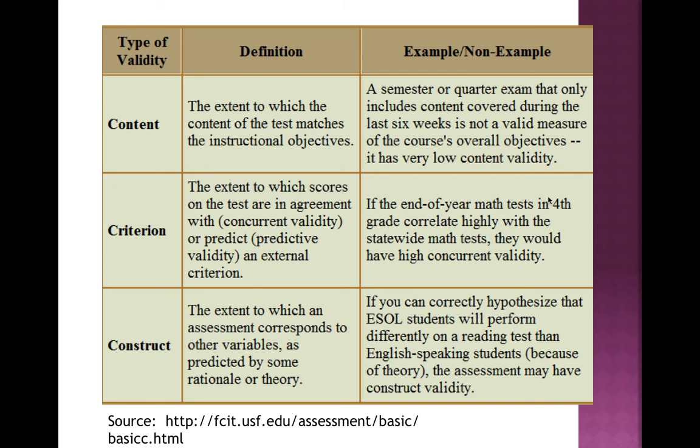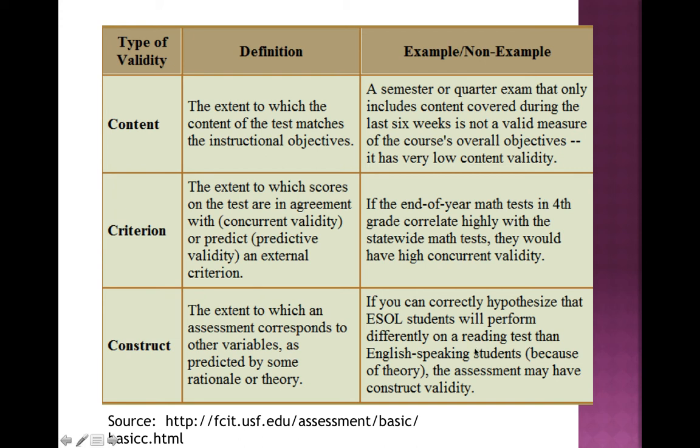If you have your depression scale, does it correlate with other depression scales? Let's say you make up your own depression scale, and then you also give the people in your study, for example, Beck's Depression Inventory. Does your scale correlate with Beck's scale? When people make up their own scales, they often have to look at these kinds of validity issues.